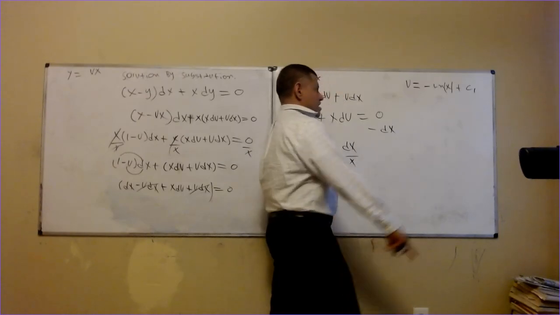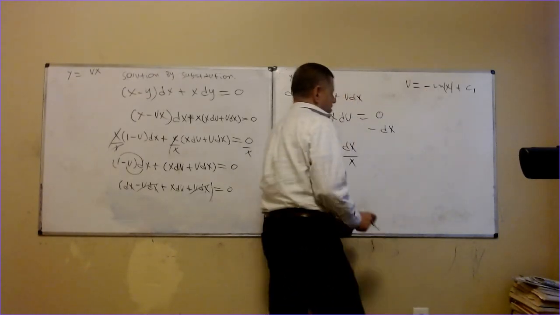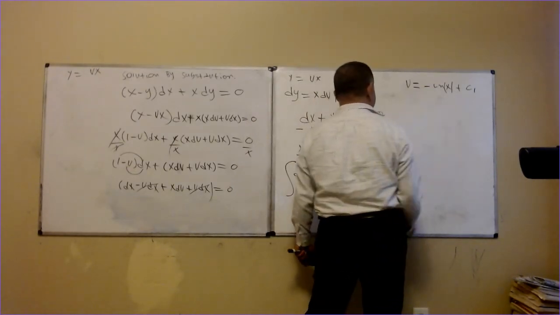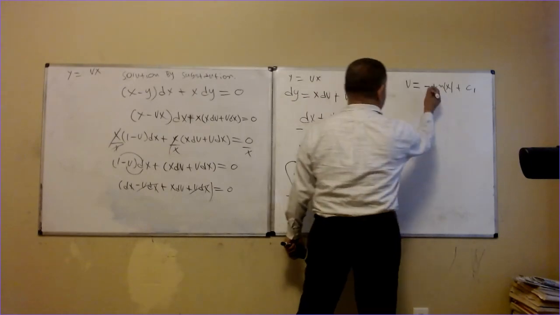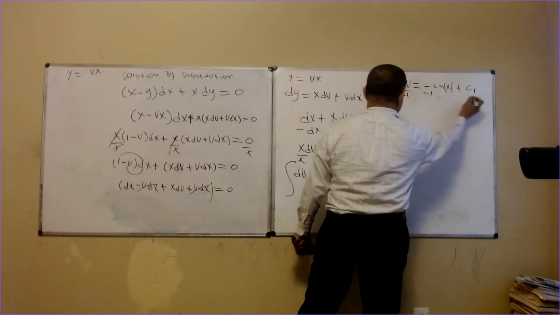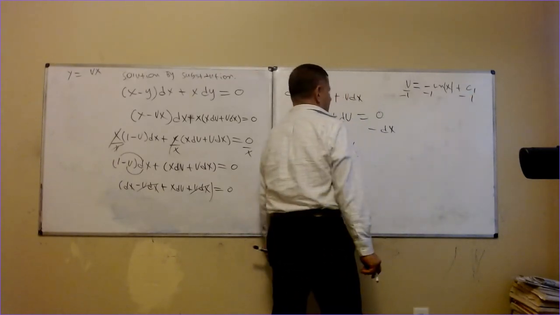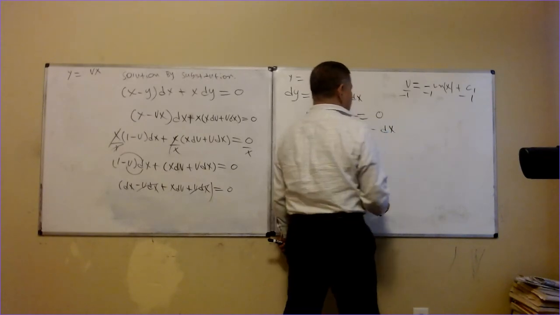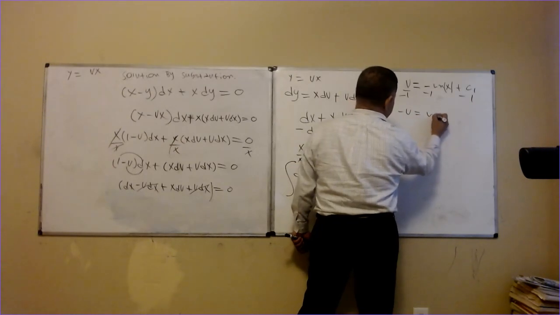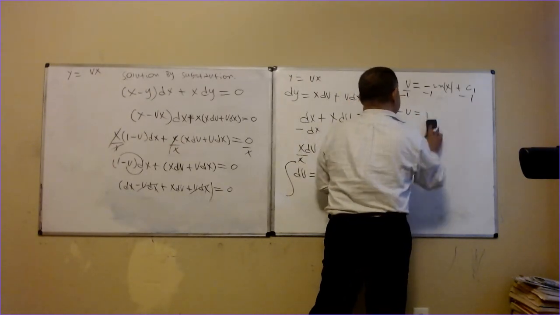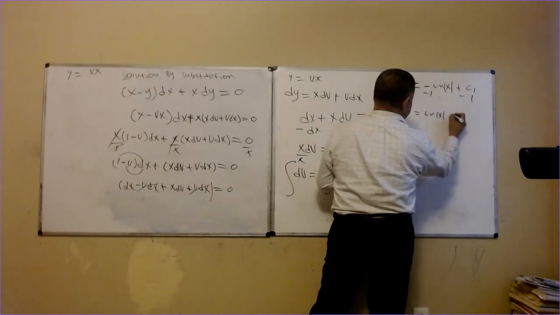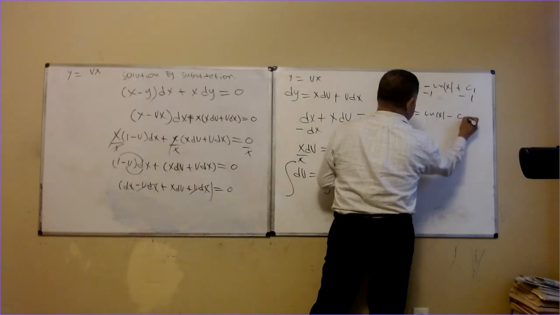Now I have a negative here. I don't want this negative in front of this ln, so what I can do is divide by a negative. Now I get negative v equal to ln x minus c1.